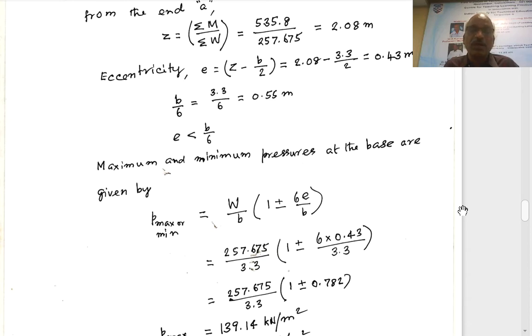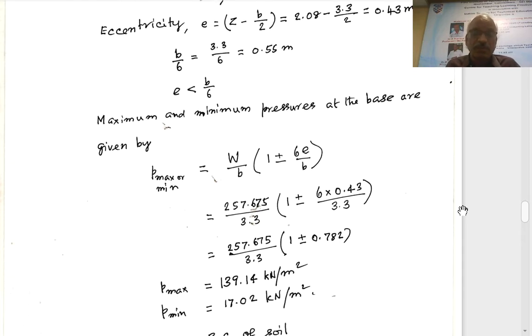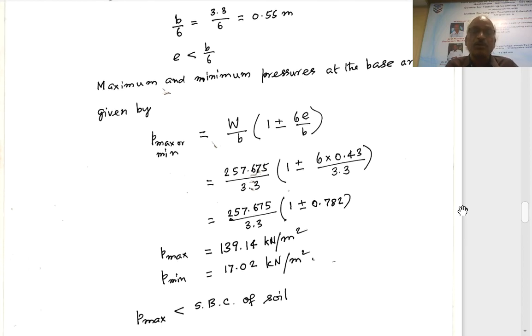Now next, the maximum and the minimum pressures at the base are given by P max or P min equal to W by B into 1 plus or minus 6E by B. W is in the tabulation, 257.675, by base width, which is 3.3 meters, into 1 plus or minus 6E by B, where 6E is 0.43 and B is 3.3 meters. So P max equals 139.14 kilonewton per square meter, and P minimum equals 17.02 kilonewton per square meter.